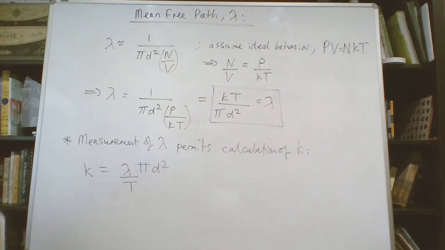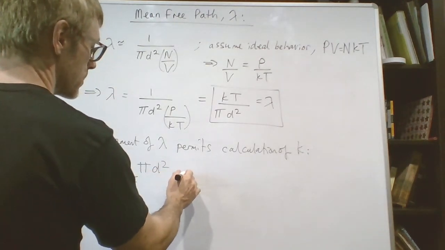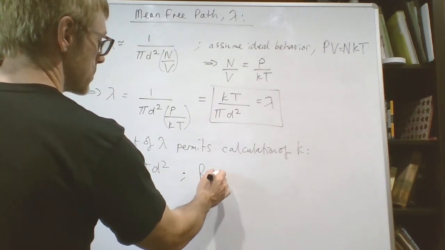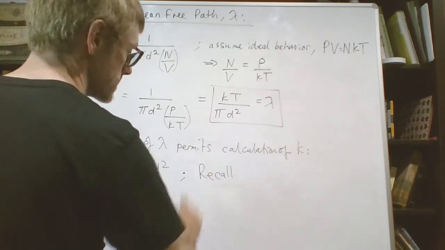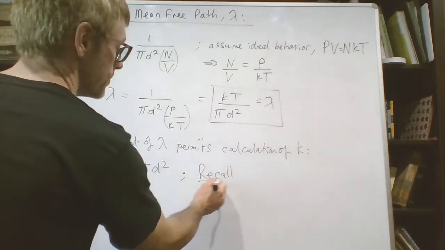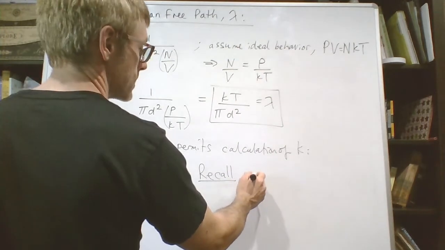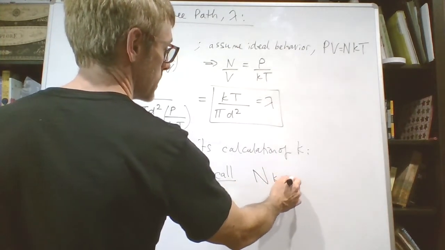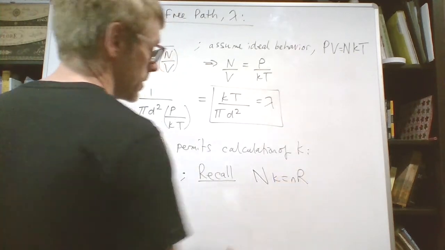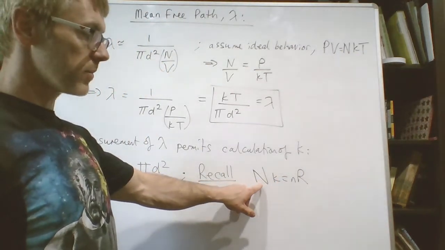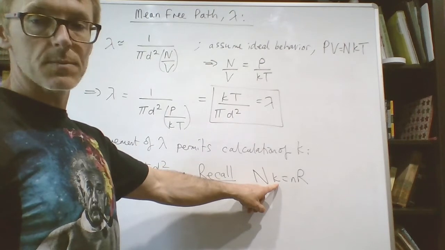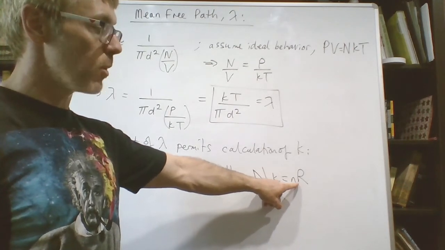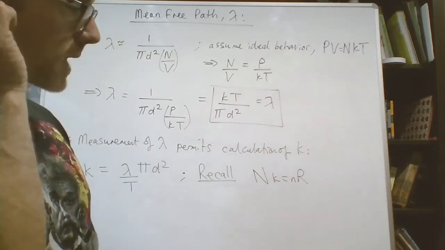And once we have Boltzmann's constant, we can recall something we did when we looked at gases. Recall we said that Nk is nR, where N is total number of objects, k is Boltzmann's constant, n is moles, and R is the ideal gas constant.